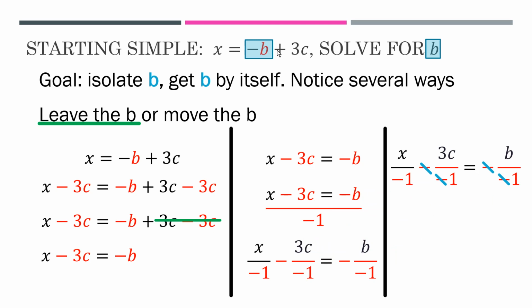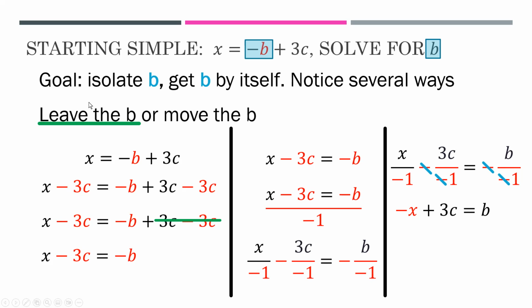X divided by negative 1 turns into negative x plus 3c equals b. So it's just a way to look at it. You could have also done the same thing with a multiply and look for the equal amount of negative signs and just eliminate them, and then we'll call it good. So as you see here, this is one way to go about it to get to the answer: negative x plus 3c is equal to b. And this was done by simply leaving the b alone.